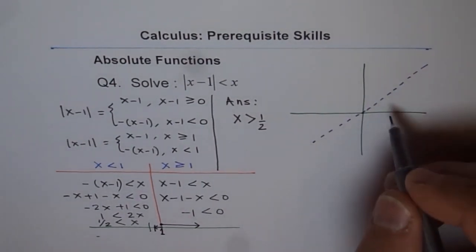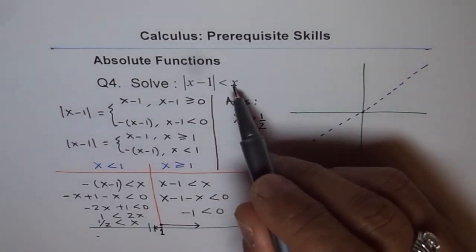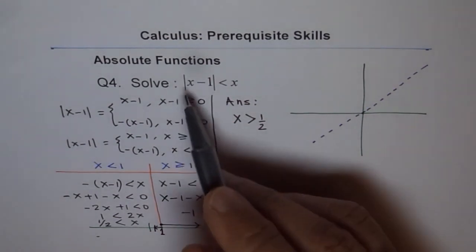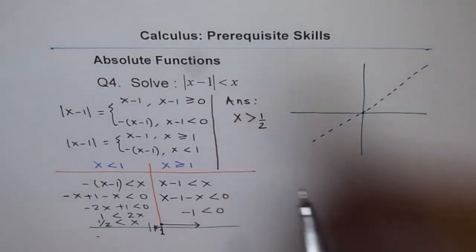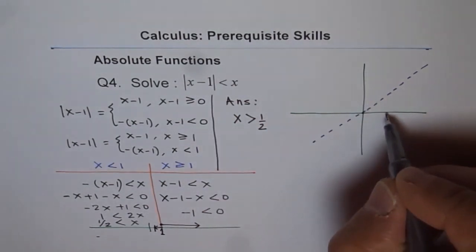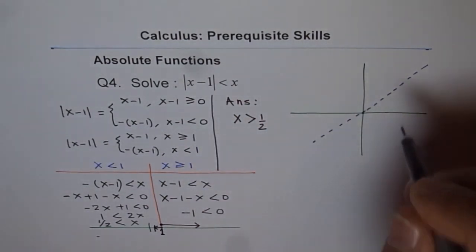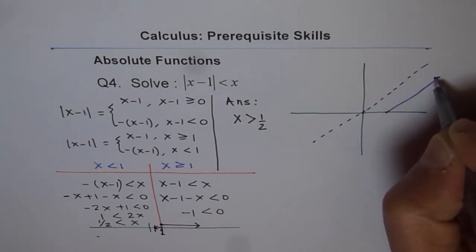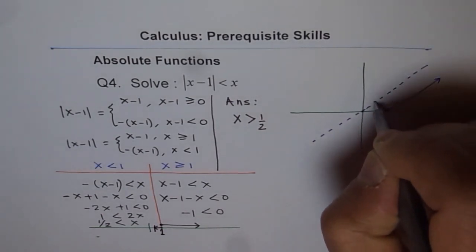That is your y = x line. The other line which we have here is |x - 1|, which is basically |x| shifted 1 unit to the right. So it is parallel to this here, and on the other side it is like this.